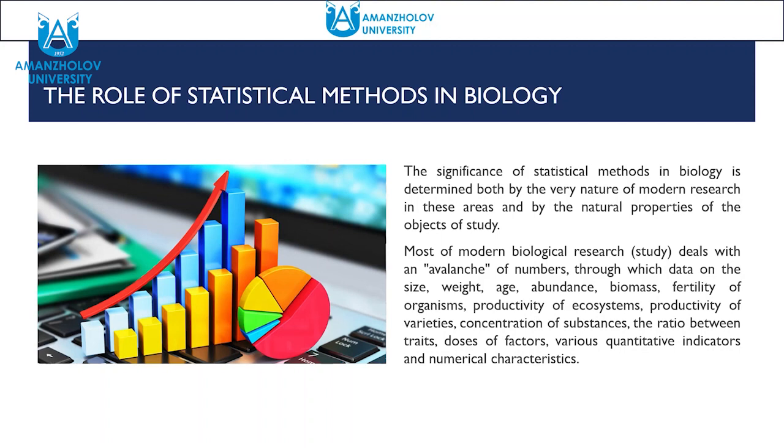As a result, in the seeming chaos of the figures obtained, specific patterns suddenly open up that require an objective assessment. Confirmation of the existence of regularity in the visible chaos of variability is achieved through the use of methods of statistical analysis.